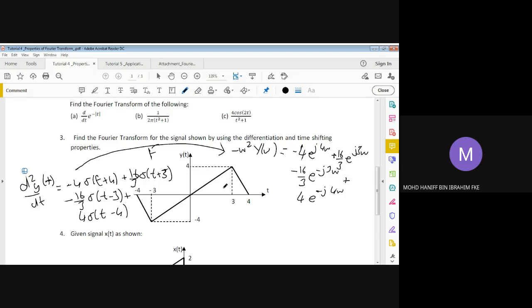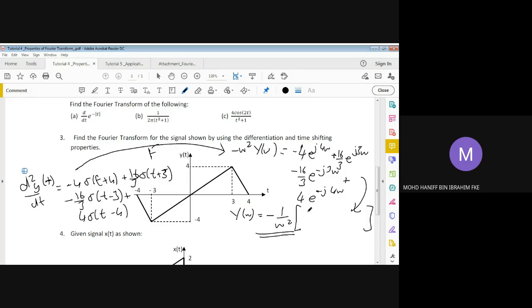But this is yet to be our answer, because remember the question is to find Y(omega). From this relationship, you can find Y(omega) straight away by bringing the negative omega squared to the right hand side. So Y(omega) will be equal to negative 1 over omega squared, with everything here put in brackets. That should be the answer for your Y(omega).